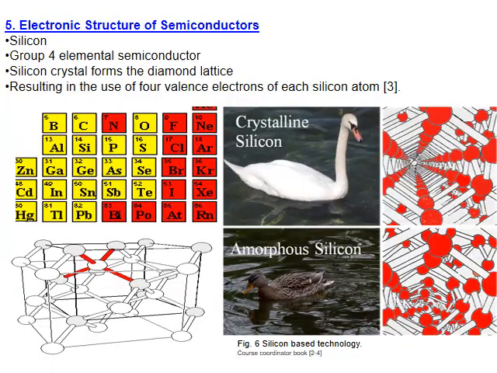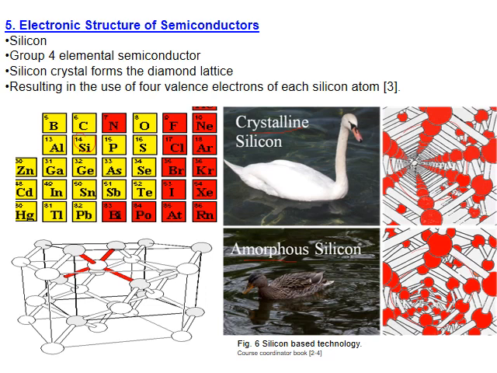Now, silicon is used to manufacture different types of solar technology. We have crystalline, we have amorphous. We will discuss them, but you can see I try to make a comparison here between crystalline silicon and amorphous. It's more pure here. You can see the shape here compared with the non-uniform shape here.